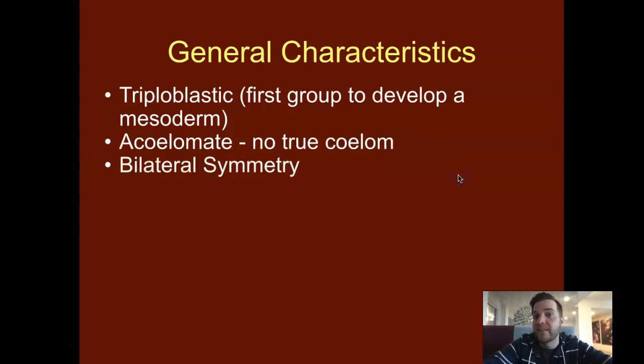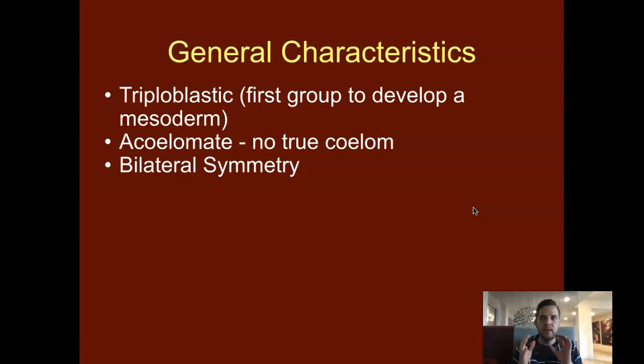They have bilateral symmetry. We saw that sponges had asymmetry or no symmetry. Cnidarians had radial symmetry. This is the first group to have bilateral symmetry. That is the order in which it becomes more advanced. Bilateral symmetry is the most advanced of the three. If something is bilaterally symmetrical, it's split down the middle, and it's because it needs double copies of some organs and body parts to be able to perform certain functions.